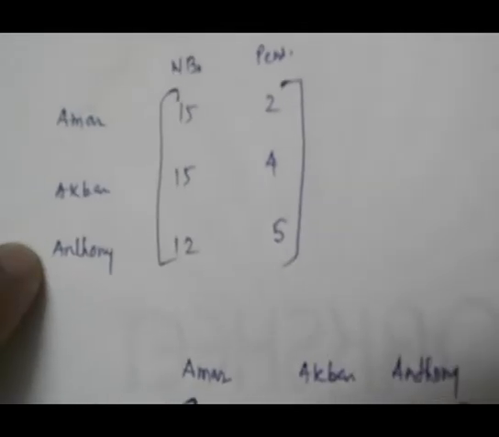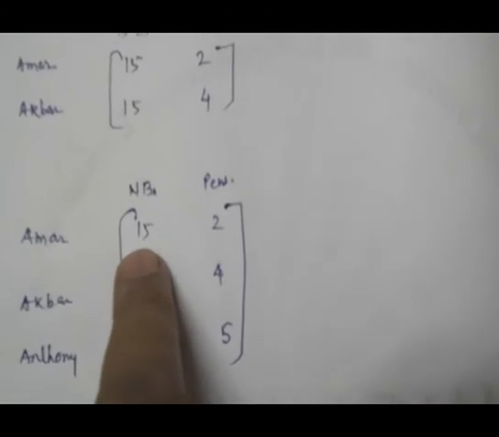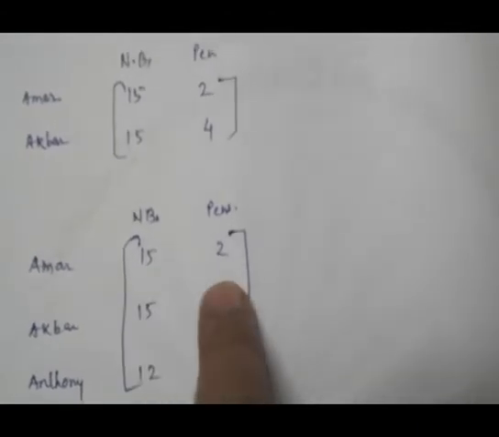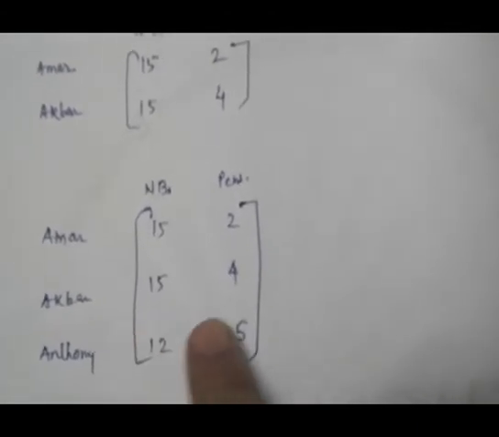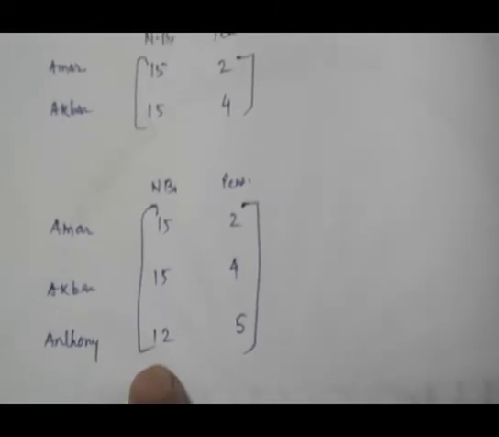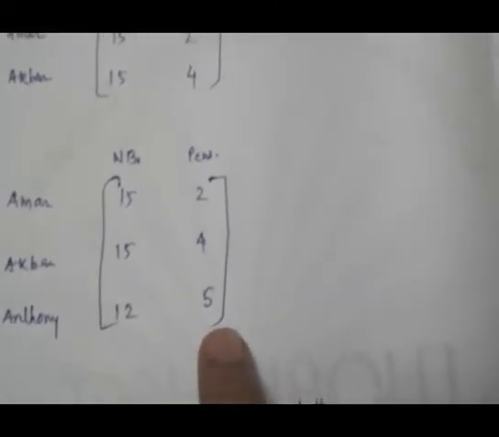Similarly, suppose Amar, Akbar and Anthony are three friends, and again the first column contains the number of notebooks and the second column the number of pens. So Amar has 15 notebooks and 2 pens, Akbar has 15 notebooks and 4 pens, while Anthony has 12 notebooks and 5 pens.